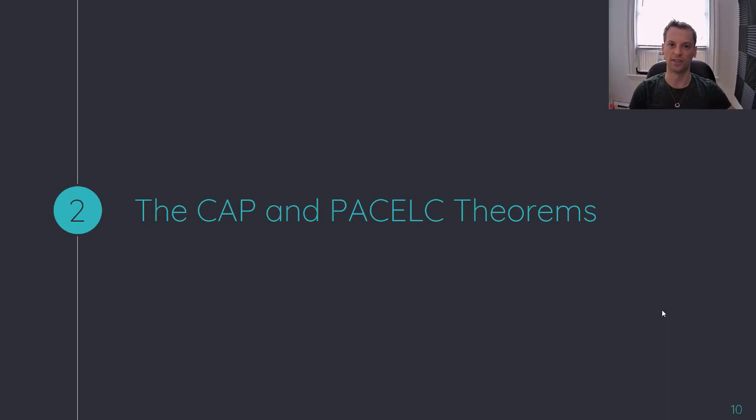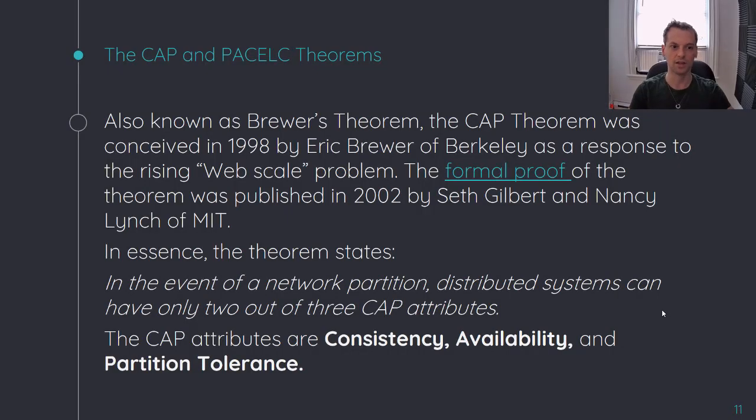Okay, that all having been said, let's talk about one of the big factors for how we evaluate a database technology and our use case, and that is the CAP and PACELC theorems. The CAP theorem is also known as Brewer's theorem. It was conceived in 1998 by Eric Brewer of Berkeley as a response to the rising web scale problem.